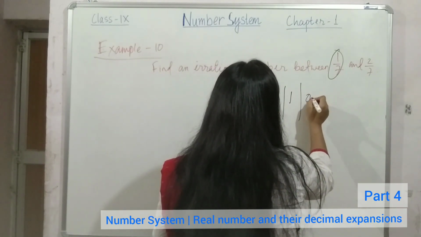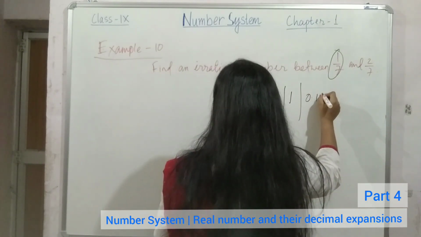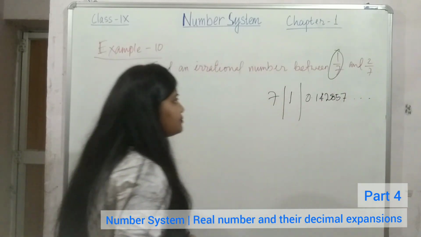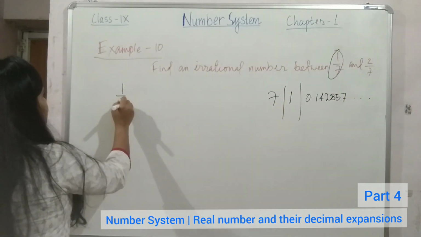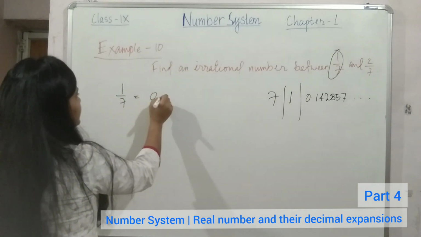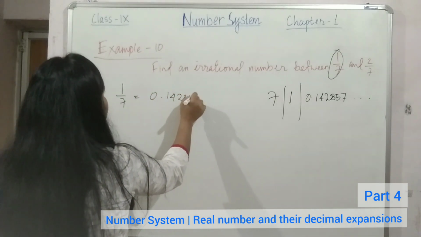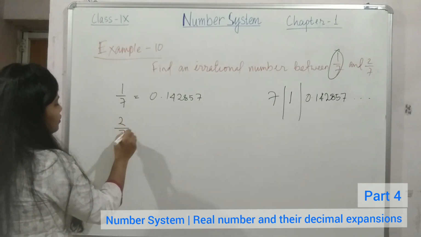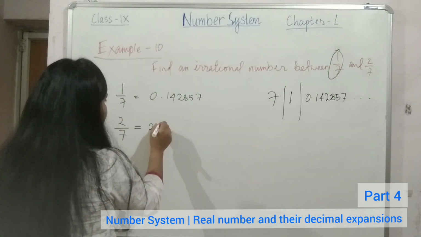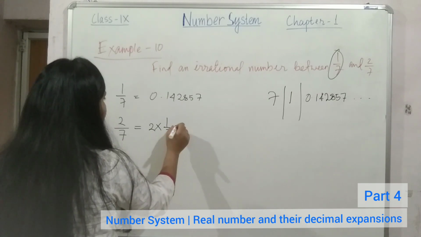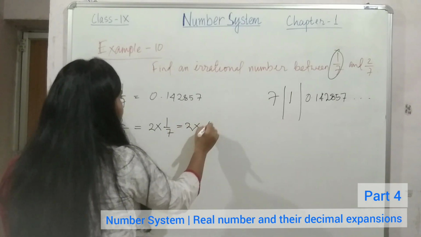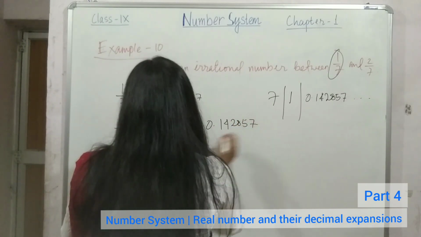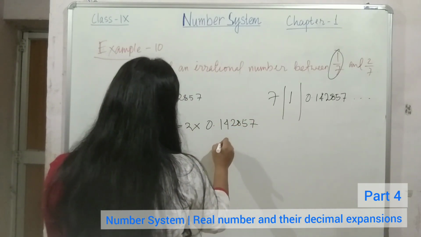You will get something like 142857. So 1 upon 7 is 0.142857, and similarly 2 upon 7 will be 2 into 1 by 7, that is 2 into 0.142857.